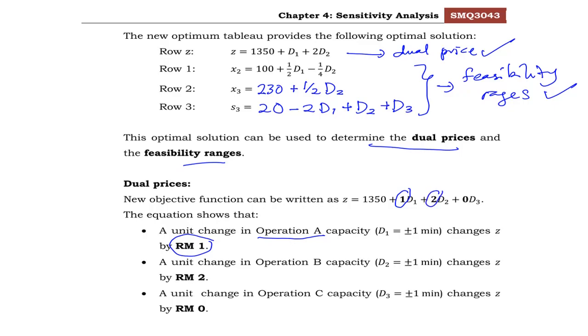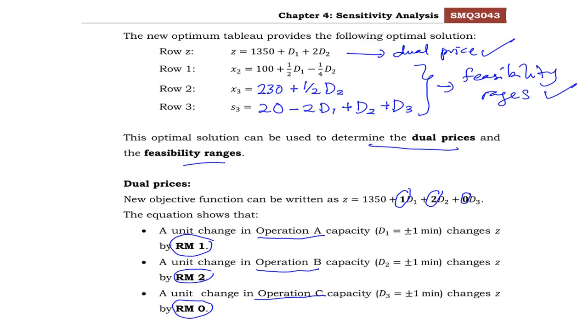A unit change in operation B capacity changes Z by RM 2. And the coefficient of D3 is RM 0, a unit change in operation C capacity changes Z by RM 0.